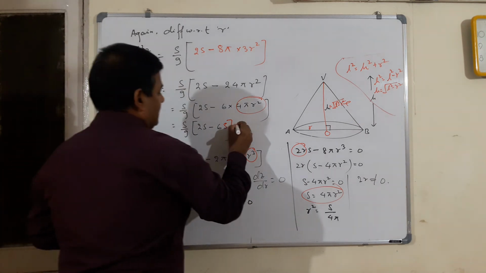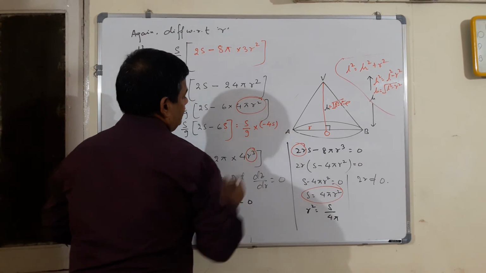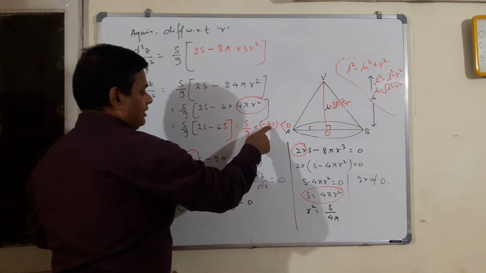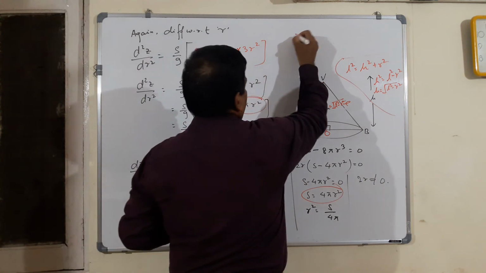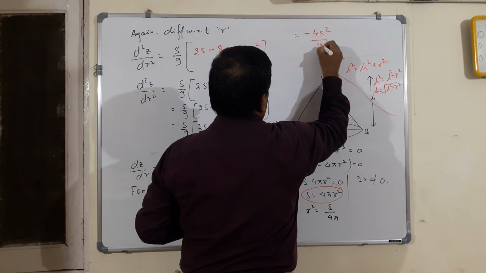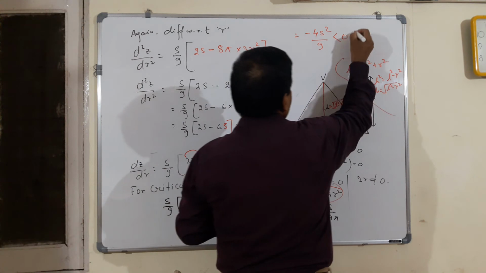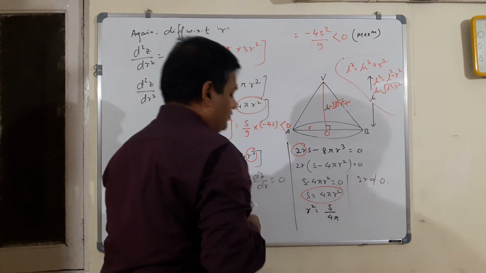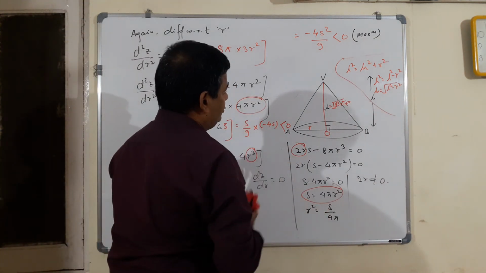It means s by 9 into minus 4s, which is less than 0. Here minus 4s square by 9 is less than 0, hence it is maximum.